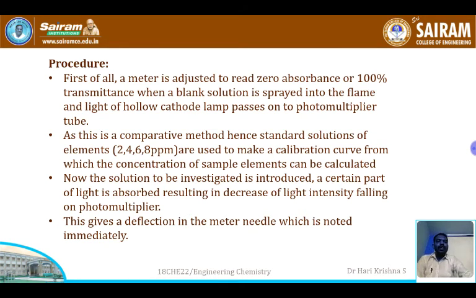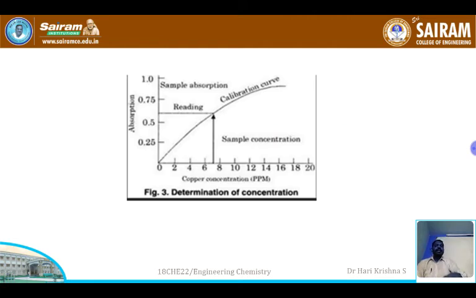So let us see how the calibration curve looks. This is the calibration curve. The x-axis is the concentration of copper, since you have taken copper as the example. The y-axis is the absorption. For the sample, we have only the absorption; we don't have the concentration.